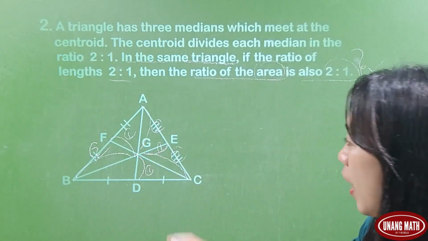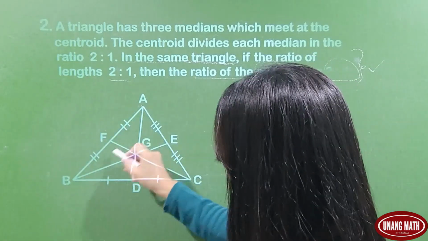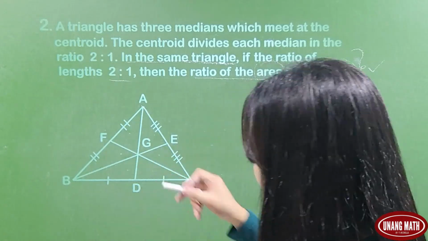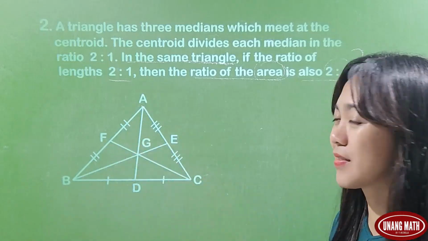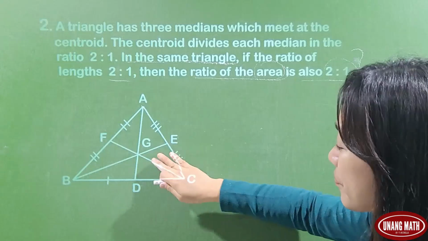When we draw these three medians, we divided this triangle into 6 triangles. And these 6 triangles have the same area or equal area.